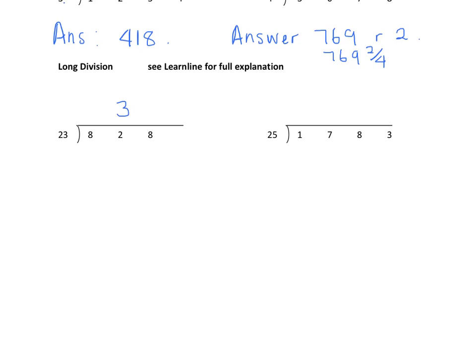Let's just have a look. 3 times 23 is 69. So to work out what's left over, we write the 69 under the 82 and then subtract it from the 82. 12 take away 9 is 3. 8 take away 7 is 1.